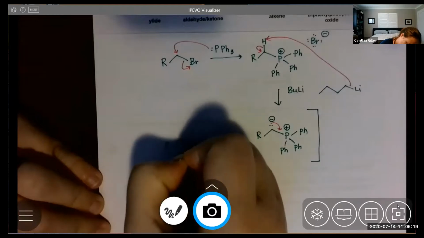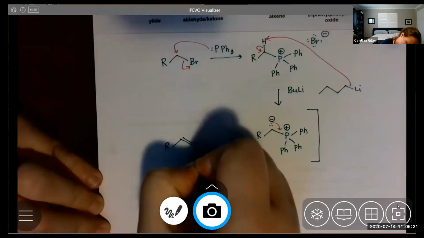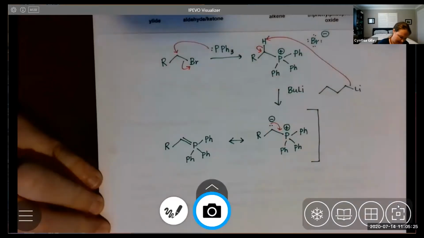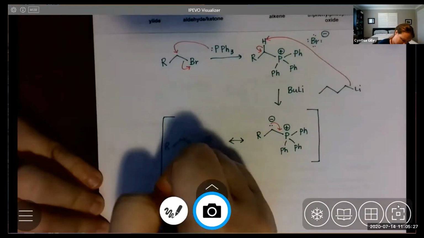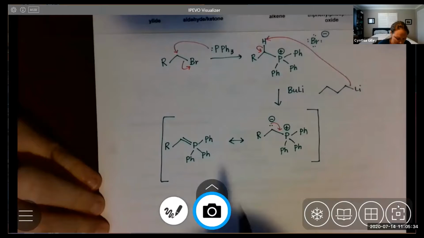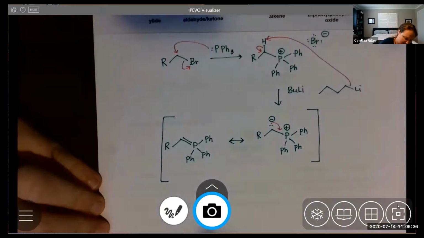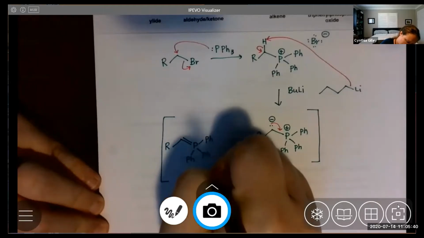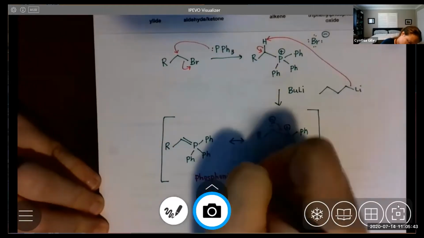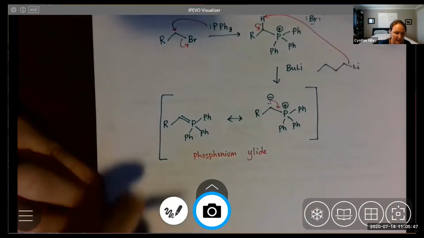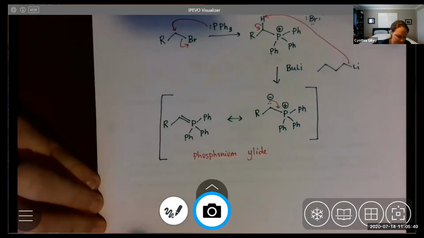That's when you will see the double bond to the phosphorus, and in that case, we don't draw charges. These are resonance contributors, and you could see it either way, but this is known as the ylide or the phosphonium ylide. It's the reagent for the Wittig olefination reaction.